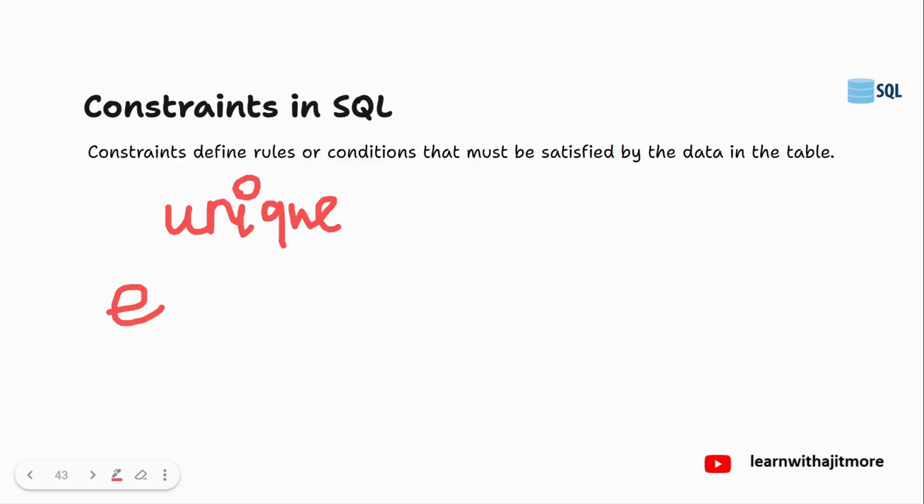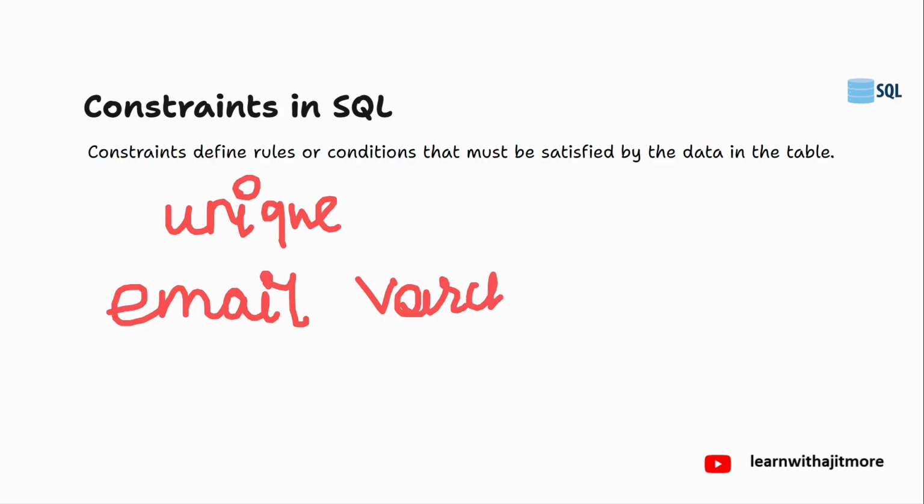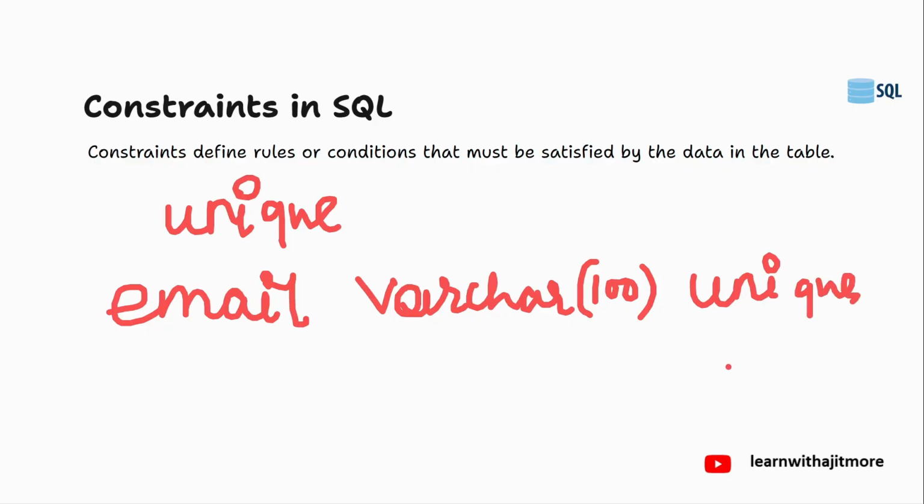Getting? Like the column is email. Email, varchar, 100, suppose I have given. And after that, I'm writing unique. So now what this says is, whatever email you give can never be repeated. In the email column, as many emails are entered, there can never be two emails which are the same.